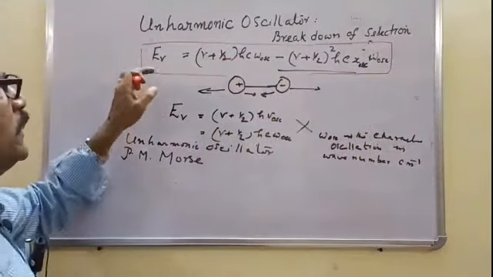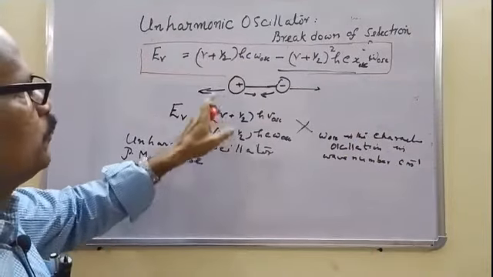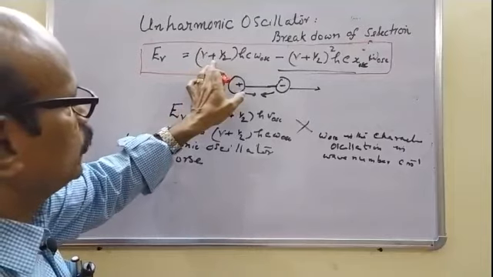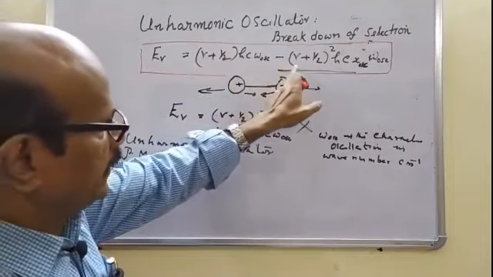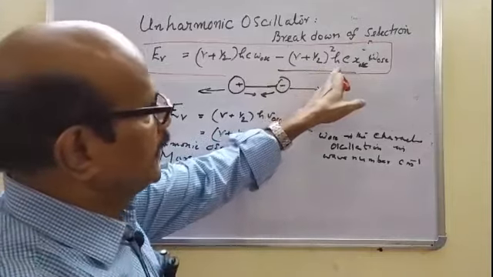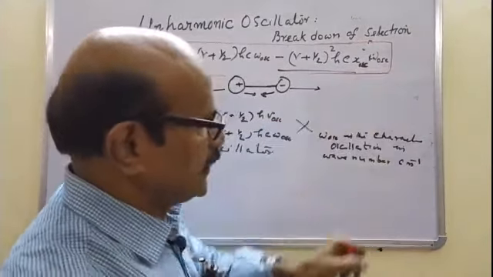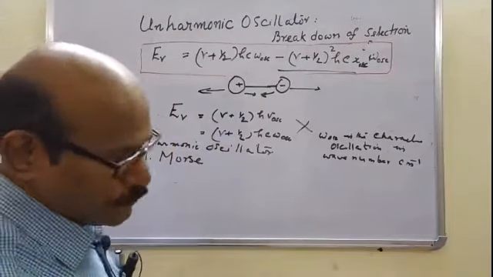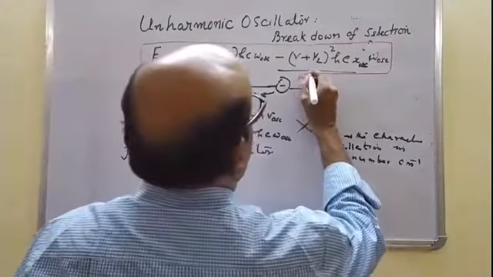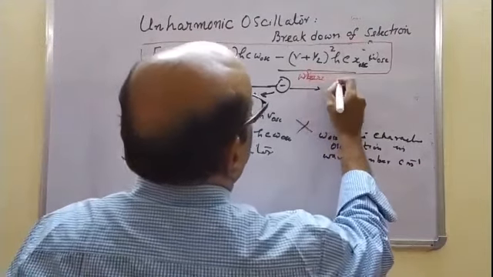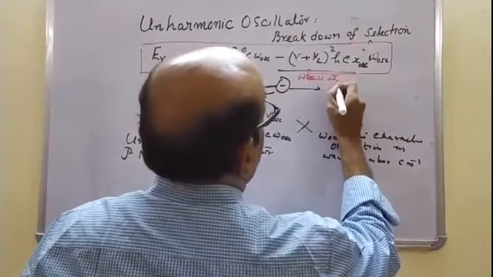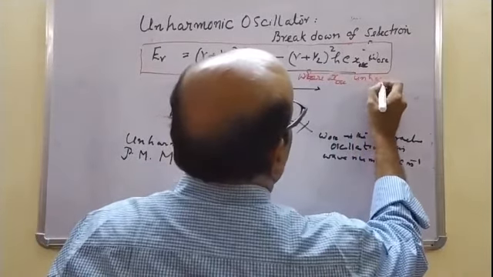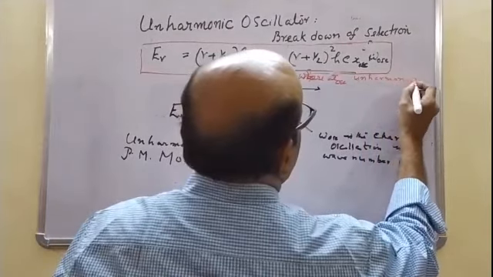So that is the form: instead of E nu equal to nu plus half Hc omega oscillation, E nu is equal to nu plus half Hc omega oscillation minus nu plus half the whole square Hcx oscillation into omega oscillation, where x oscillation is a constant called the unharmonicity constant.